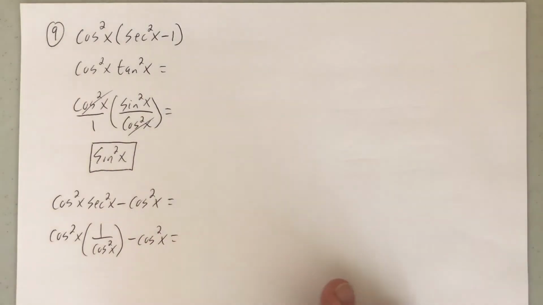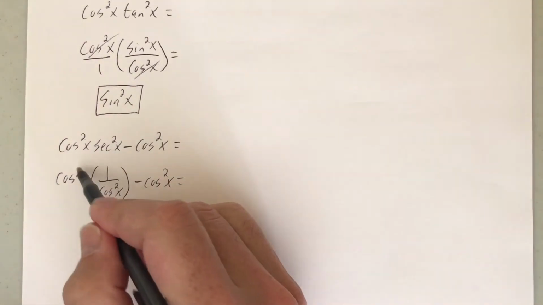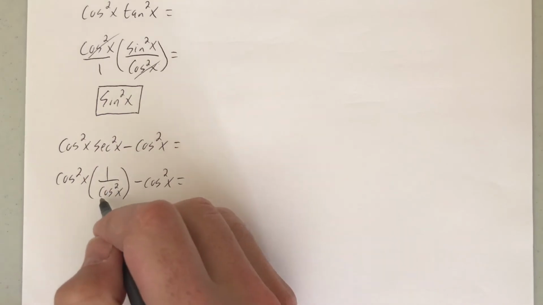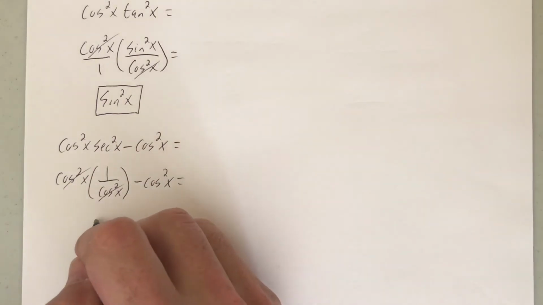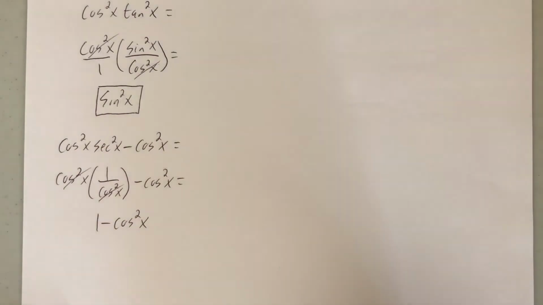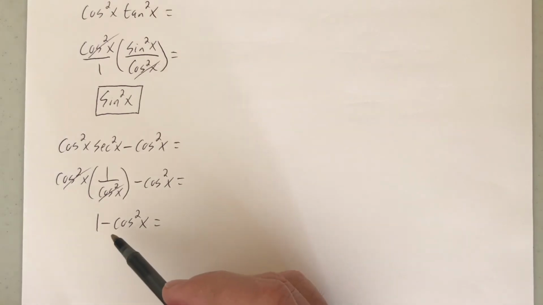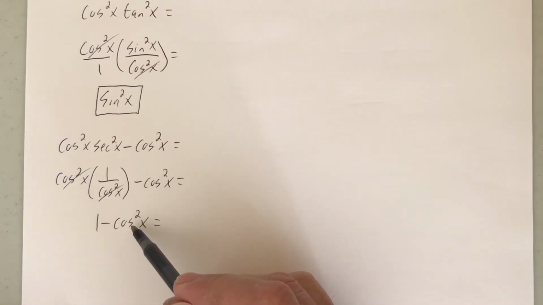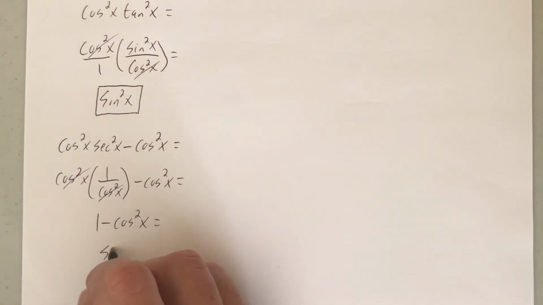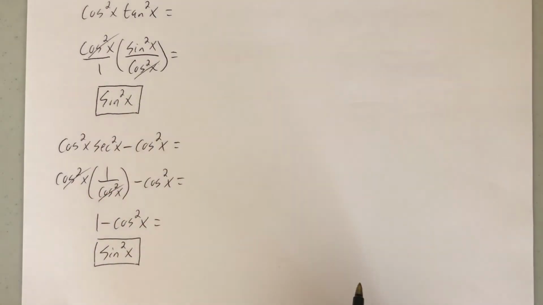If you multiply these, that would just give you cosine squared over cosine squared. So of course that's just going to reduce, and that leaves you with 1 minus cosine squared x. And then if you go to your Pythagorean identities, you know that 1 minus cosine squared x is equal to sine squared x, which of course is the same answer that we got up here.